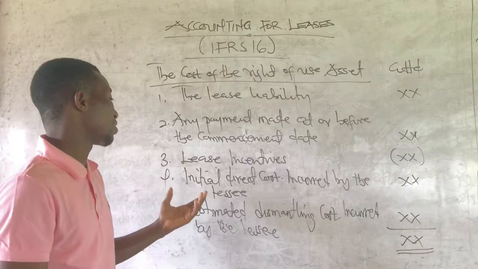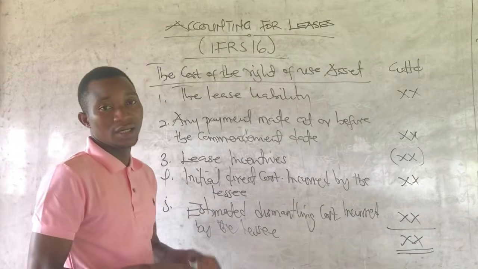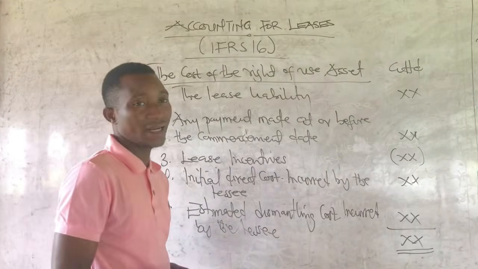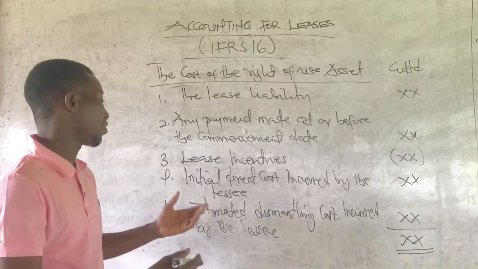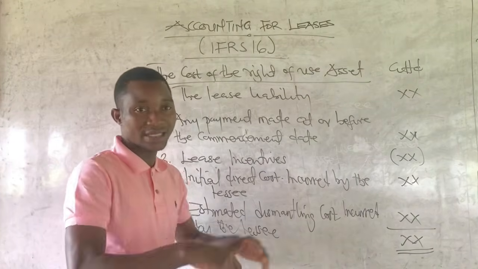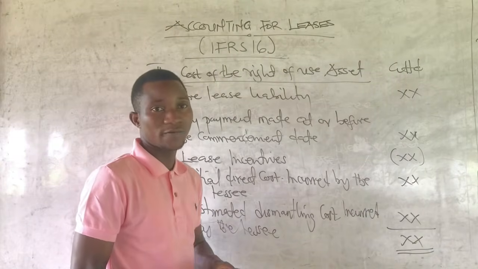And if there is any initial direct cost incurred by the lessee in an attempt to arrange the lease agreement, it's supposed to be added to the right of use asset. And if there is any estimated dismantling cost incurred by the lessee on the asset involved, it's supposed to also be added to the right of use asset.